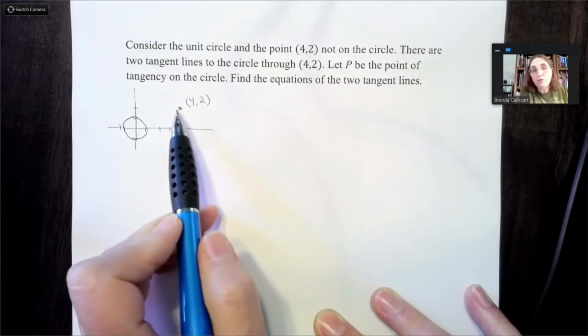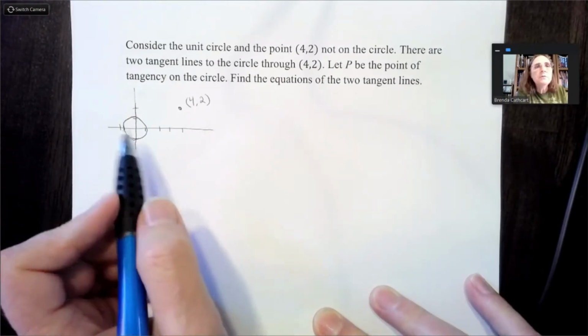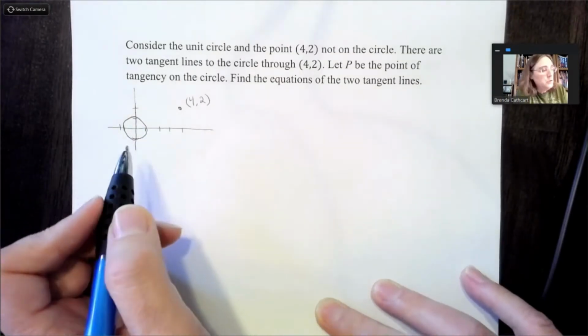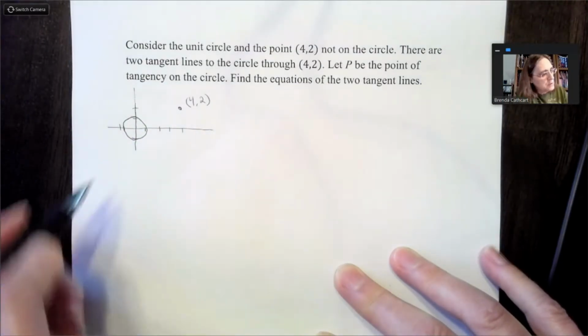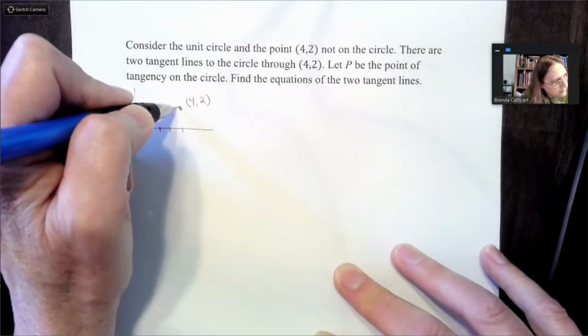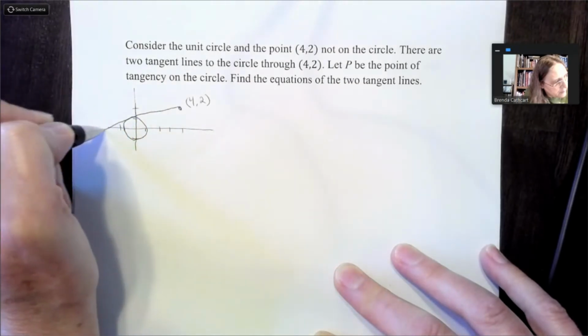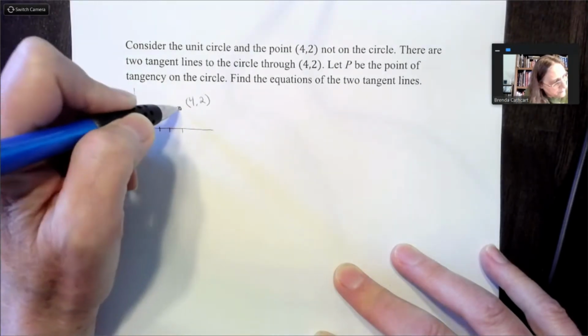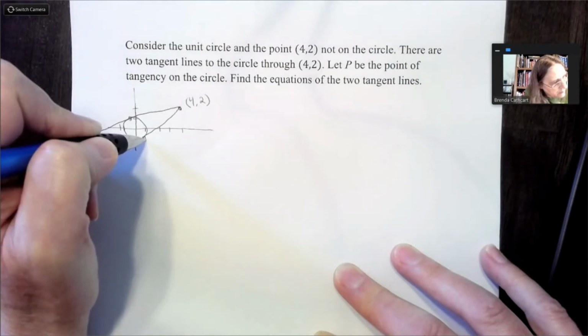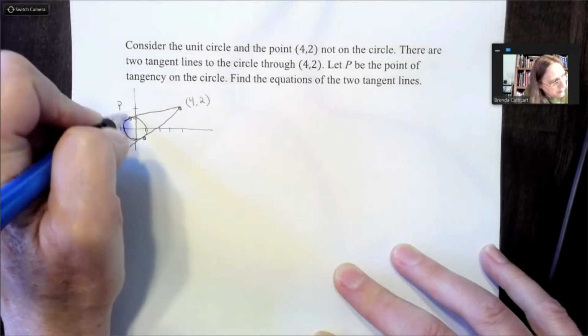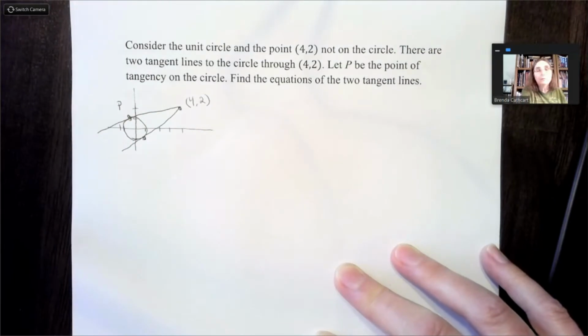And from this point here, we can see that we're going to be able to draw two lines from the point (4, 2) that are going to be tangent to the circle. So let's see if we can draw those two lines approximately. Here's one, and there's the other. And we'll call this point P.